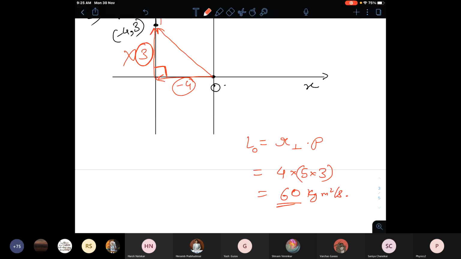If you have linear values, you use R cross P. If a particle is moving in a circle with linear values, use R into P. And if it is moving in a straight line and you have to find the angular momentum about a fixed point, then you use R perpendicular into P. It is the same formula, just an extension of it. Just for your convenience, I am saying there are 3 formulas, 3 variations which can be created.